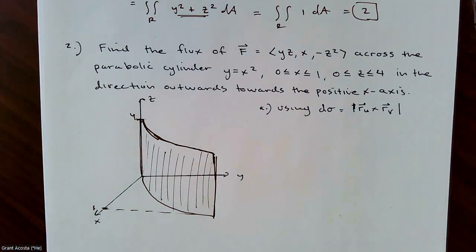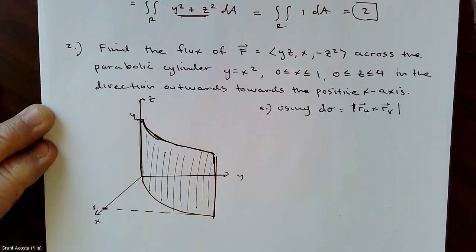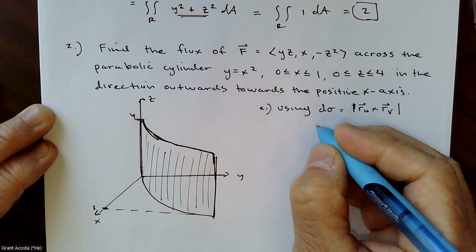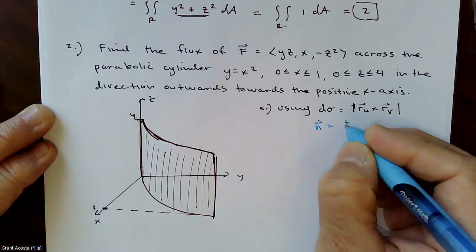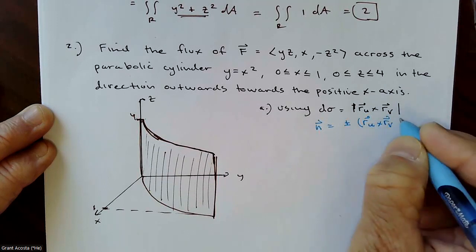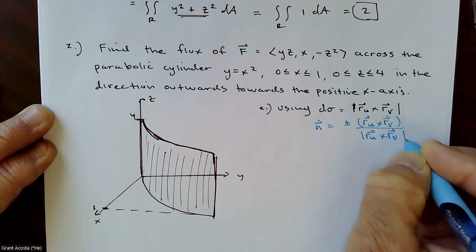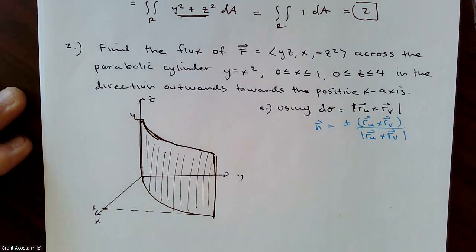Okay, and so let's calculate this first using the r_u. Here I put using d sigma equals that, which is equivalent to n being plus or minus r_u crossed r_v over the magnitude of r_u cross r_v. Same thing.